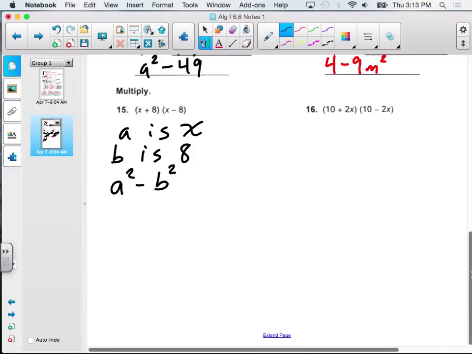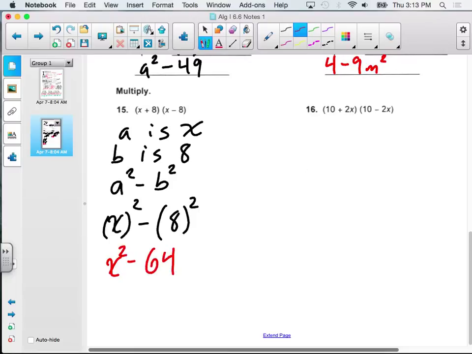So then we square our a value, x squared minus 8 squared, x squared minus 64. This is a lot easier than multiplying it out every time, right? All right, you guys do 16 by yourselves.